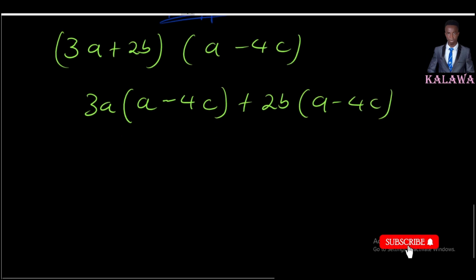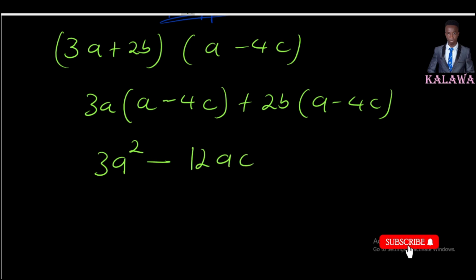So we do the multiplication very quickly. 3a times a is going to be 3a squared, minus 3 times 4 is 12ac, plus 2b times a is going to give you 2ba, and then this same 2b multiplied by minus 4c, plus times minus is minus, 2 times 4 is 8bc.